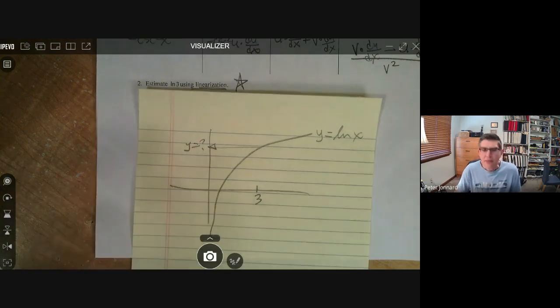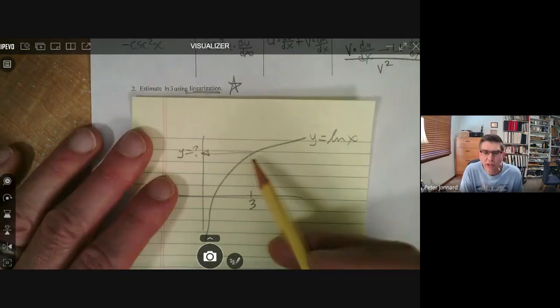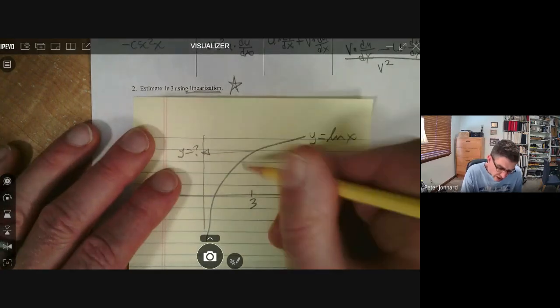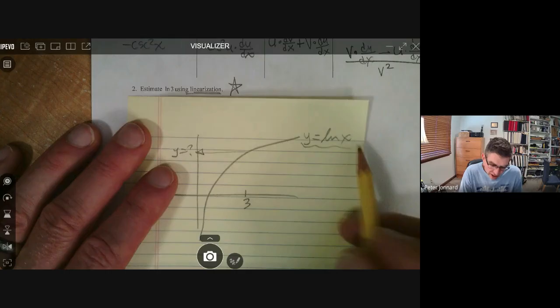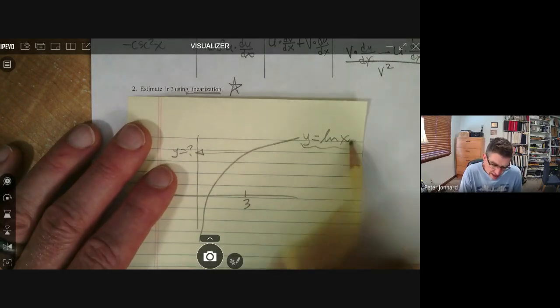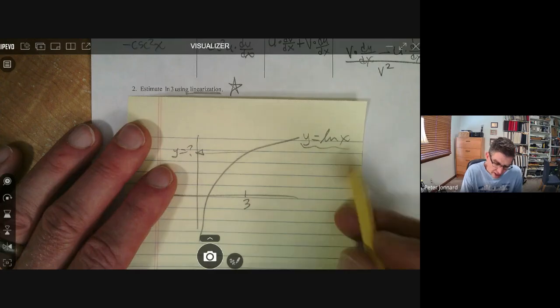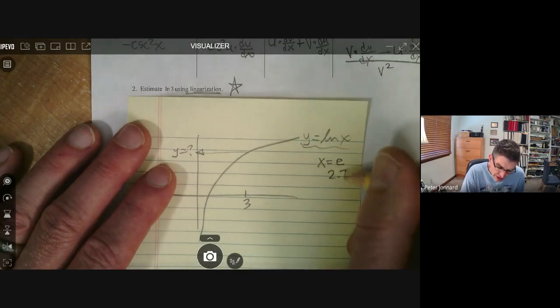So the question is, what is that? The problem is, without a calculator, we need to rely on some other method. What you can do is think about this function at some value of x that's close to 3 and convenient. I think the most convenient value would be to try x equals e, which is about 2.7.